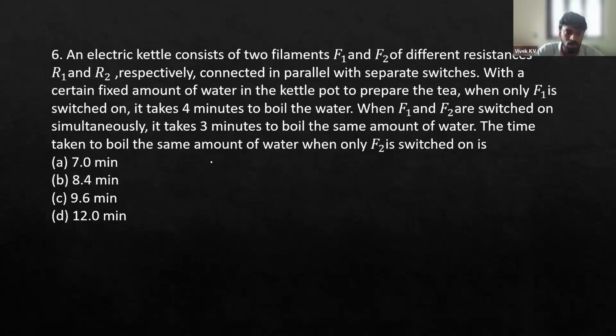We know that when only F1 is switched on, it takes 4 minutes, and when F1 plus F2 is switched on, it takes 3 minutes. What is power? Power is nothing but Q by T, where Q is the amount of heat, a form of energy.